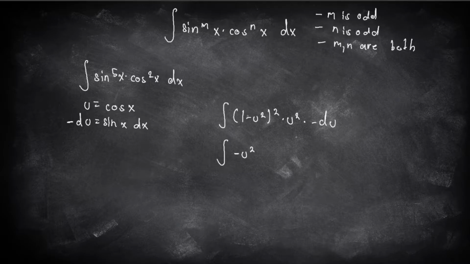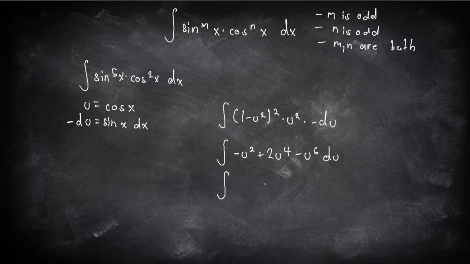When we factor this out, this gives us negative 2u squared times the u squared, which is negative 2u to the fourth, times this negative is plus 2u to the power fourth. And then negative u squared times u squared is u to the fourth, times this negative is negative u to the sixth, du. So all I did was expand it out, I just didn't show the work.